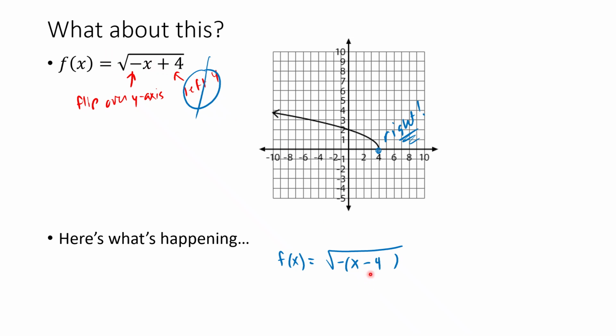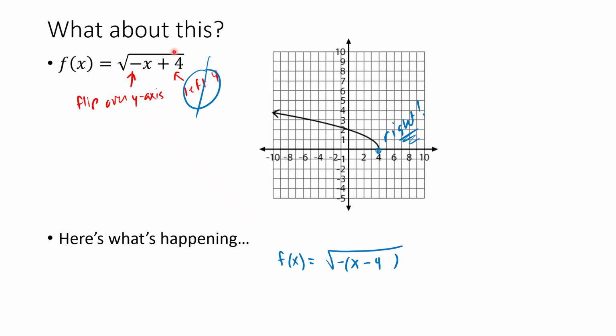And now you can see, okay, if we write it that way, then we've got the transformation, or the slide, to the right instead of the left. It has to do with the order that you're doing things in.